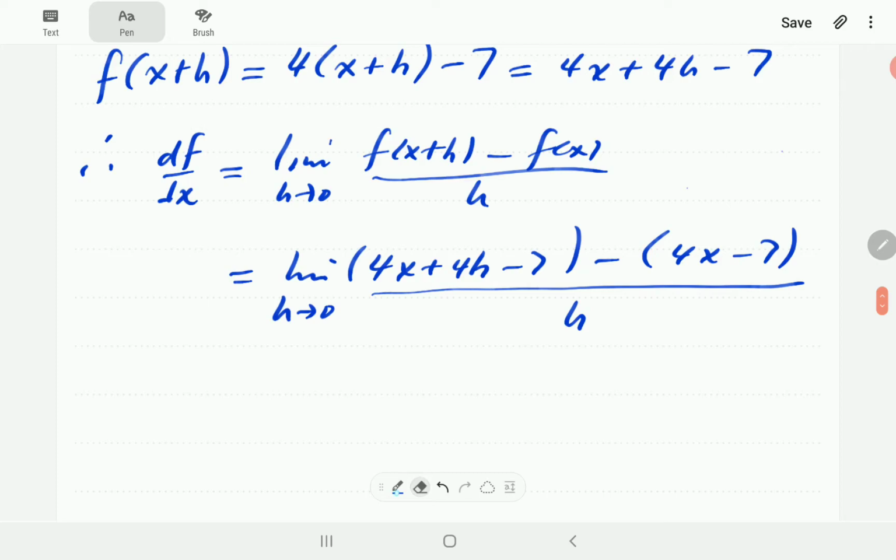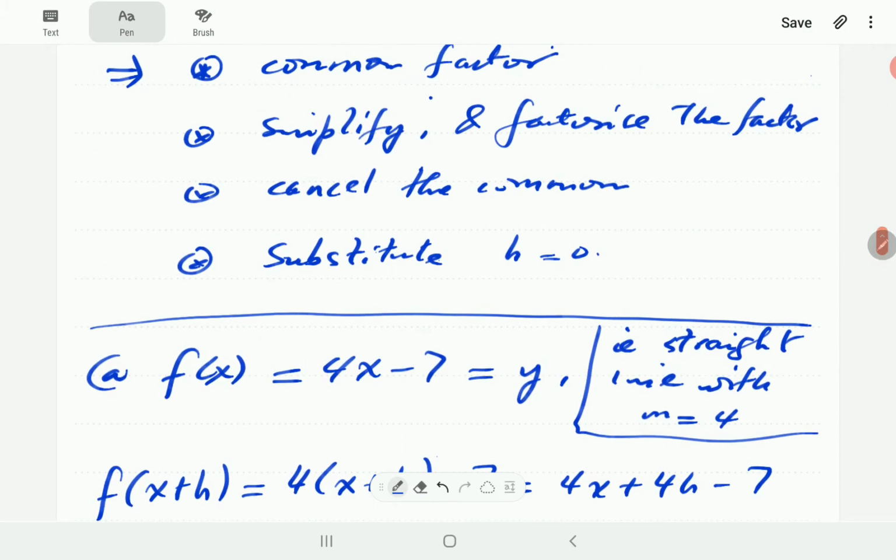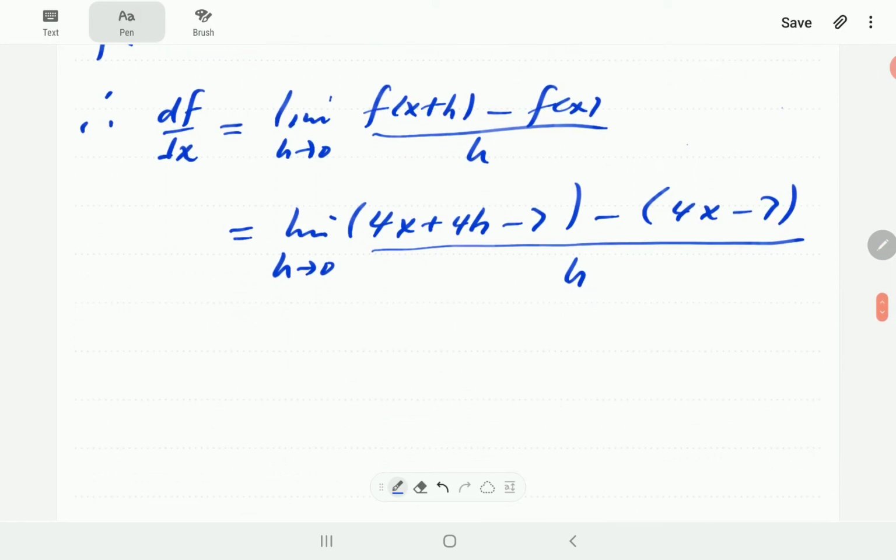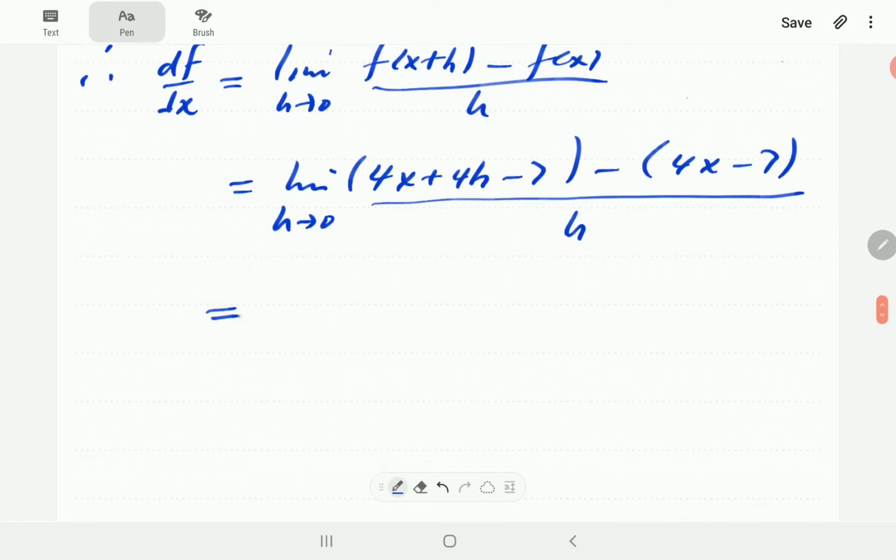Now if we did direct substitution here, like I mentioned earlier, if we plugged in h is 0 here and here, the numerator will be 0 and the denominator will be 0. So that tells us what we need to do is to first simplify, then factor out and cancel the common factor before we plug in h equal to 0.